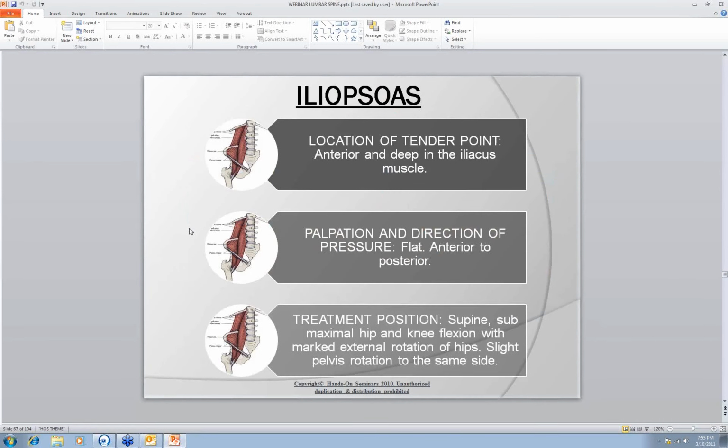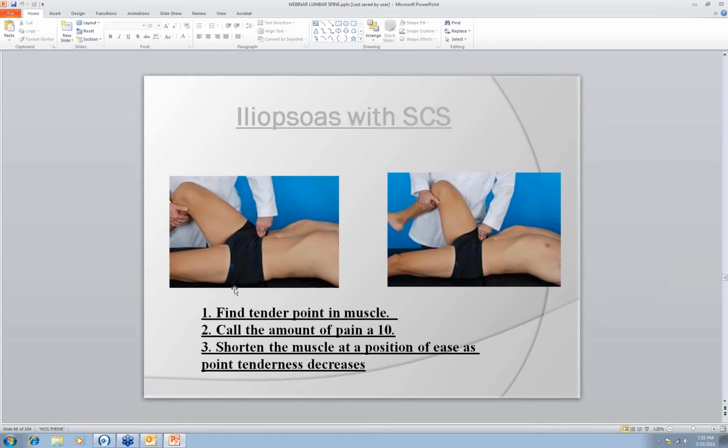So let's take the iliopsoas muscle, for lumbar spine pathology. I will find the tender point on the muscle. Once the patient identifies that, I'm going to call the amount of the pain number 10. Then I'm going to start shortening the muscle using hip flexion and trunk flexion. I put the patient in different positions, in other words, in order to identify a position of ease that decreases that tenderness from level number 10 to level number 0, 1, or 2.